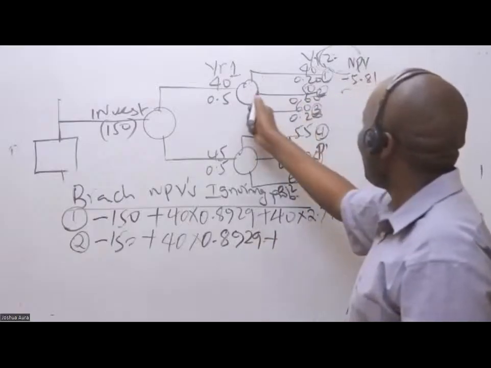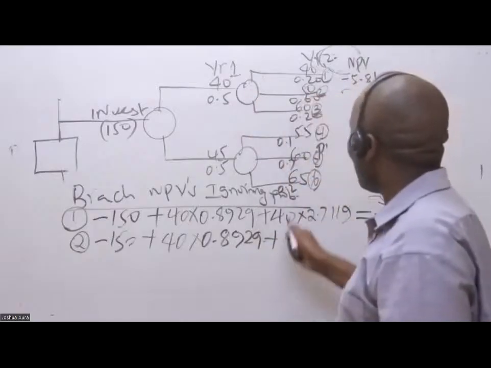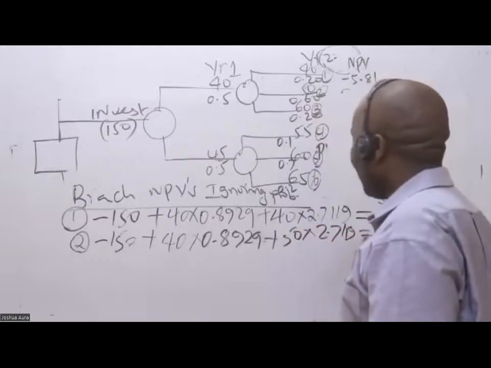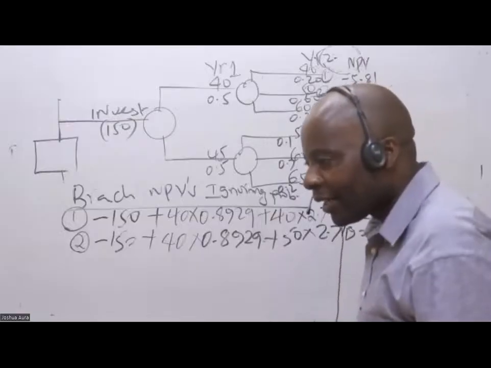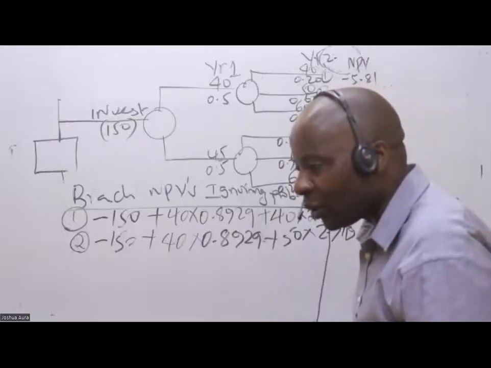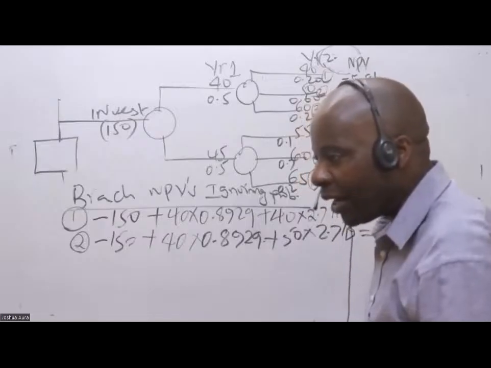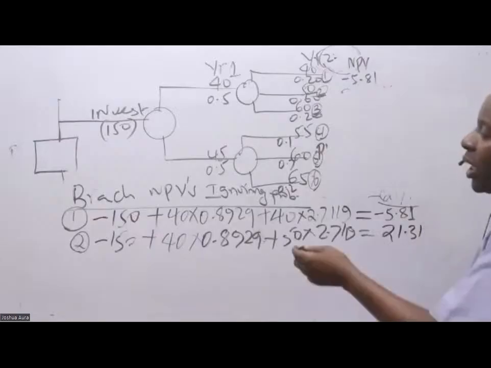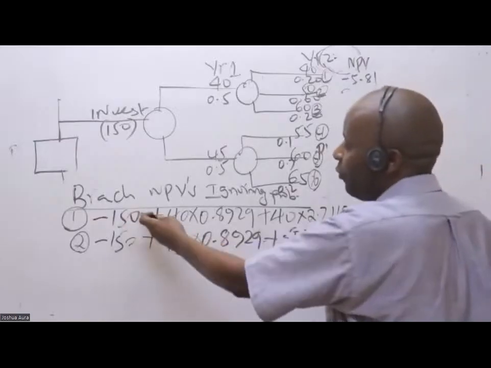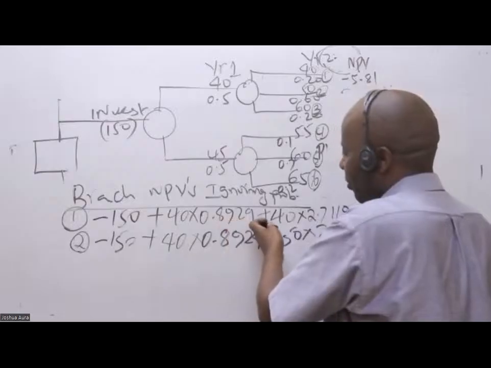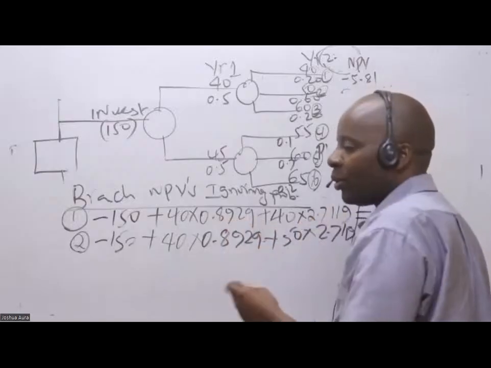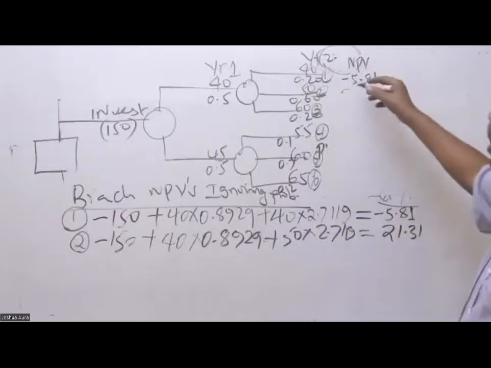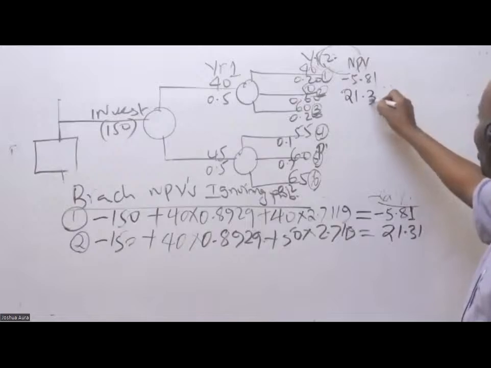Here we have 50, the cash flow is 50 times, which of course has to be discounted like that. Is there anybody able to give us this figure? 21.31. I don't know why Mary is getting a different figure. Mary, just use your calculator slowly. You say minus 150 plus 40 times this, plus 40 times this, and you'll get what everyone else got. Here I'm being given 21.31.